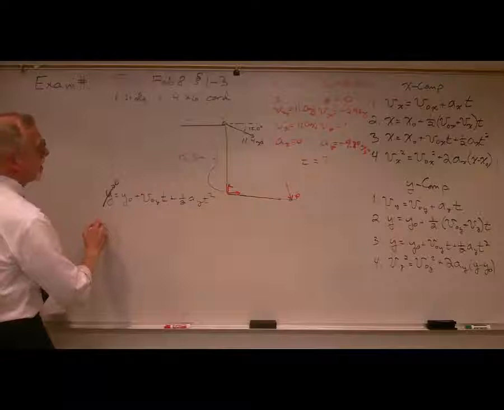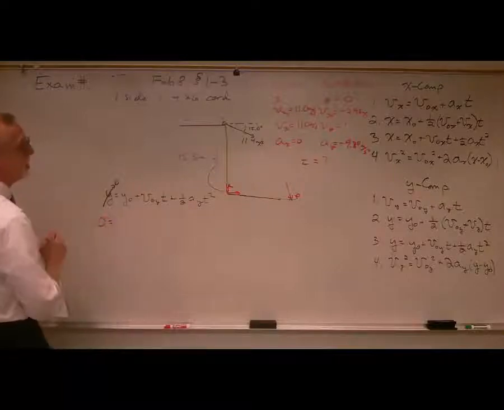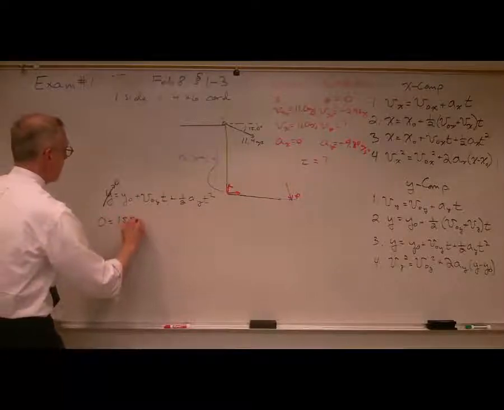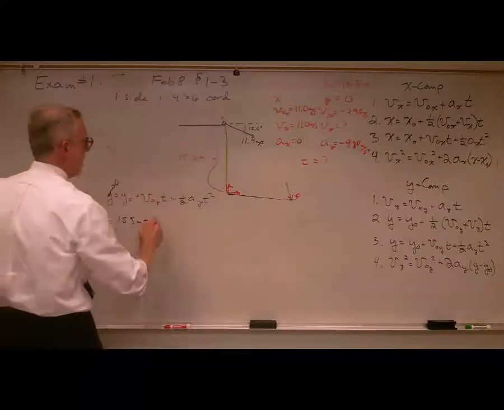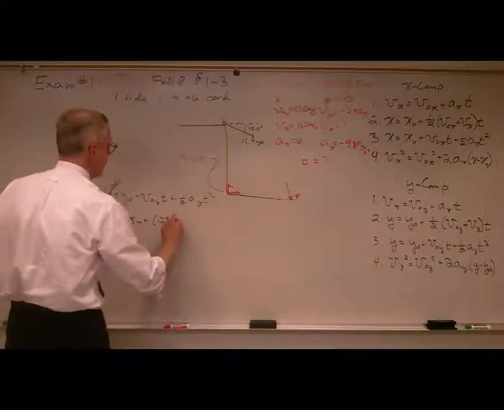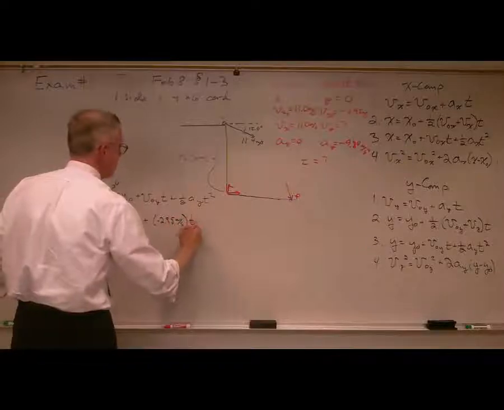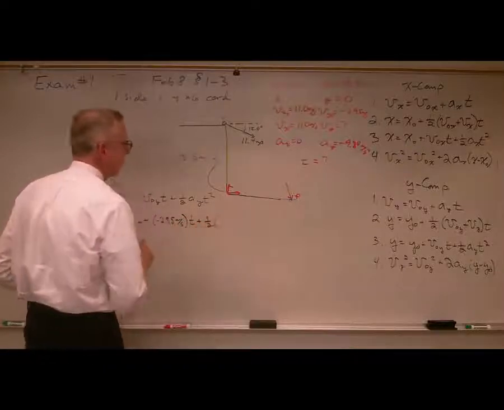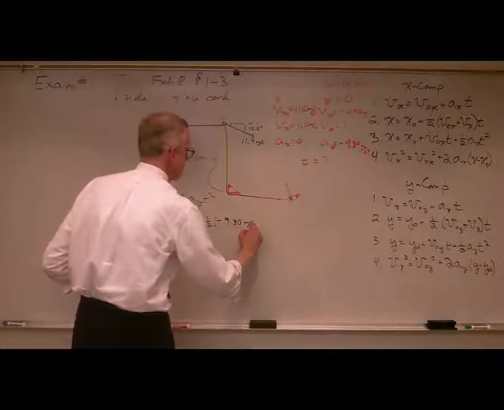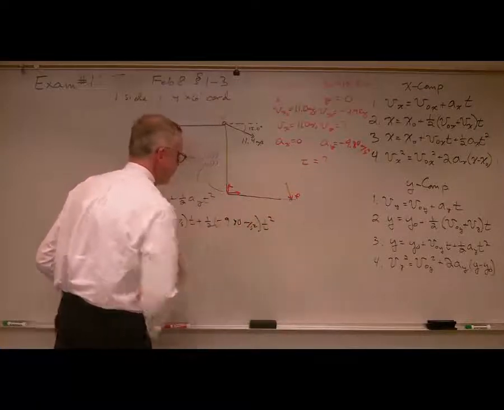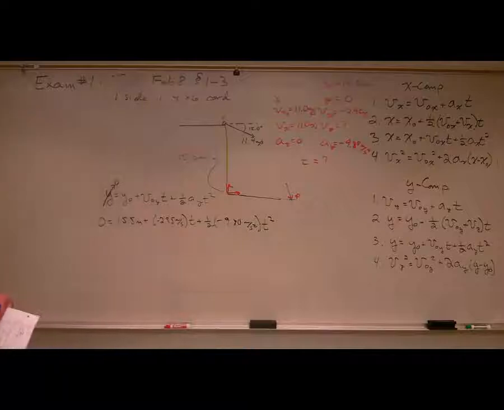And so we can put our values in. 0 equals y naught, 15.5 meters, plus v naught y, negative 2.95 meters per second, t, plus 1/2 ay, which is negative 9.80 meters per second squared, times t squared. And we've got to solve that for t.